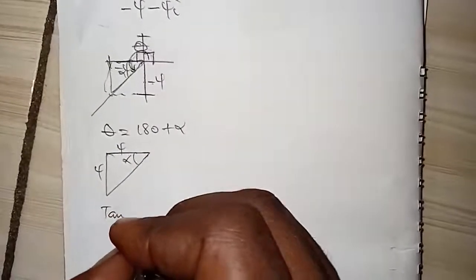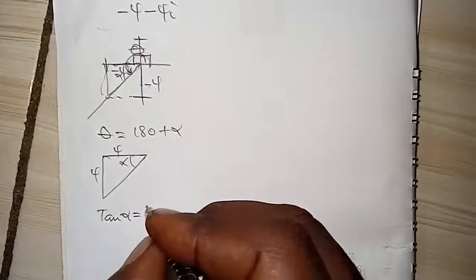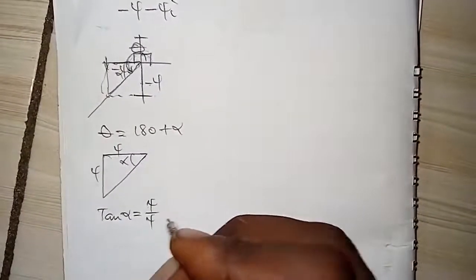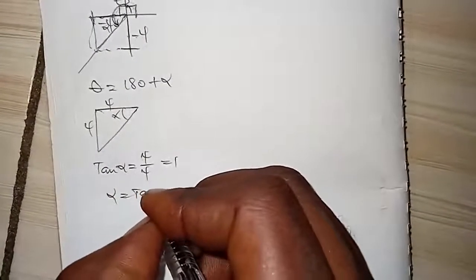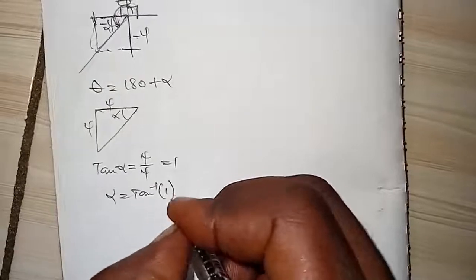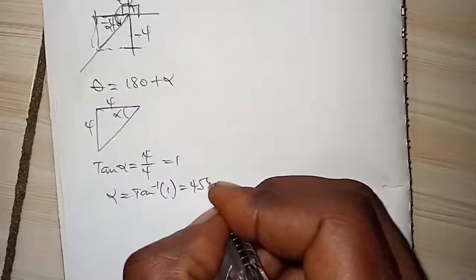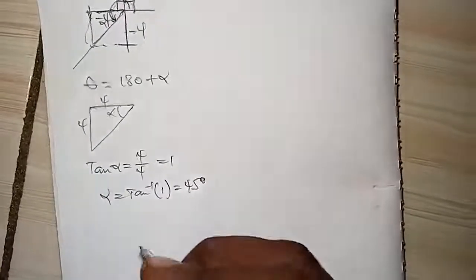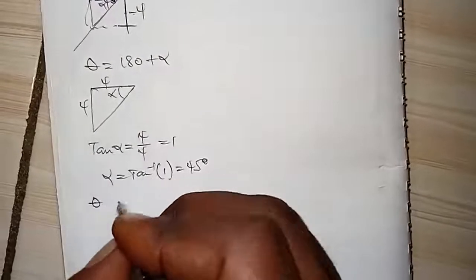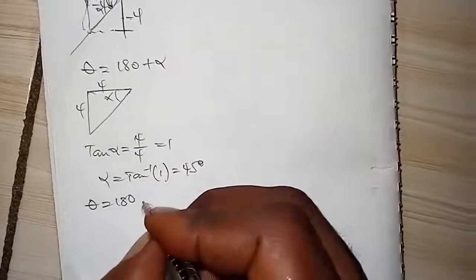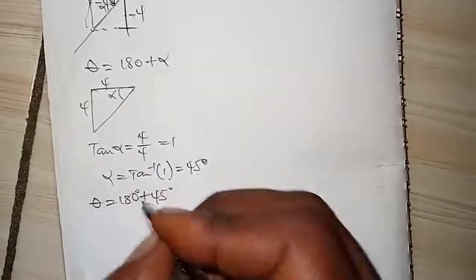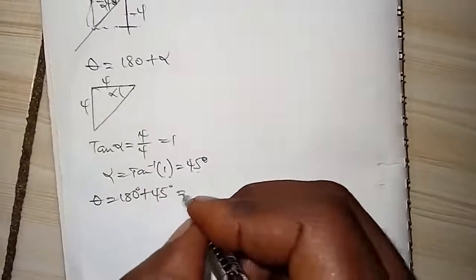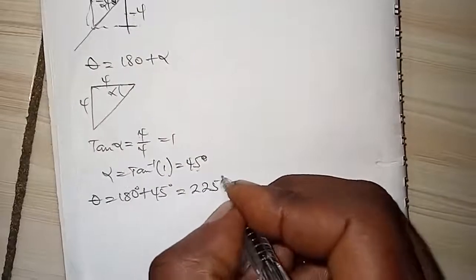So tan alpha is 4 over 4, which is 1. Therefore, alpha is tan inverse of 1, which gives us 45 degrees. We said that theta is 180 plus alpha, so 180 plus 45 degrees is 225 degrees.